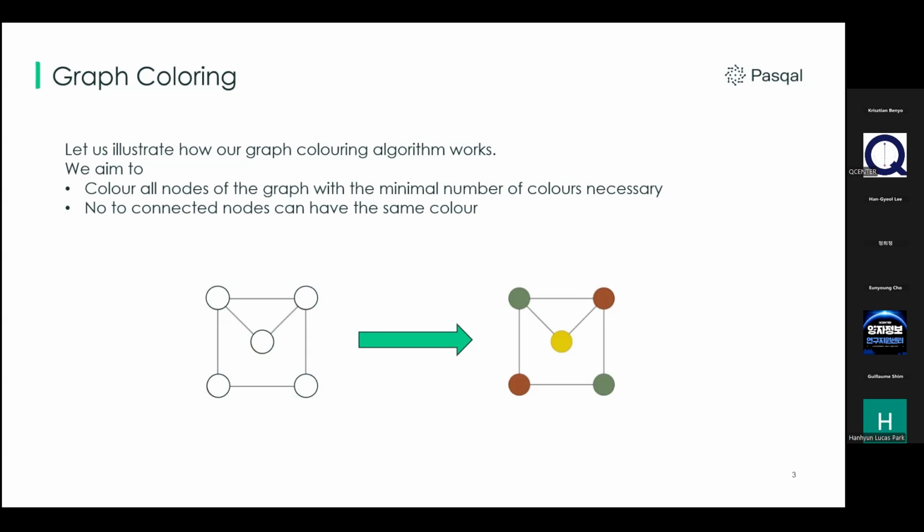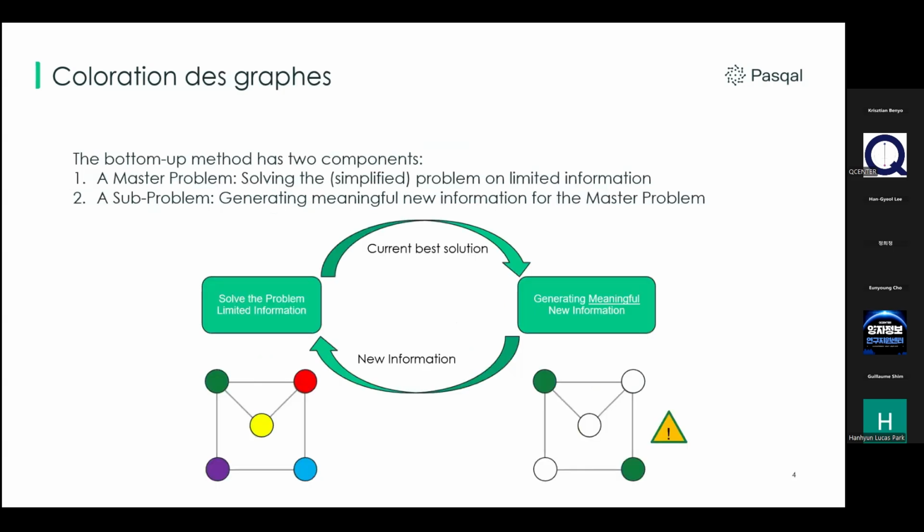So the more nodes you have and the more connected the nodes you have, the more difficult it becomes in general. For this reason, people have been coming up with different strategies to try to simplify the problem, to try to isolate the main technical bottleneck, the main complexity of the problem.